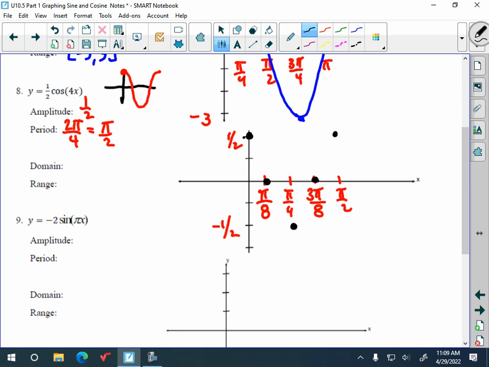And then connect them. All right, so that's one cycle of the graph. Our domain is going to be negative infinity to positive infinity again. Our range is going to be negative a half to positive a half.